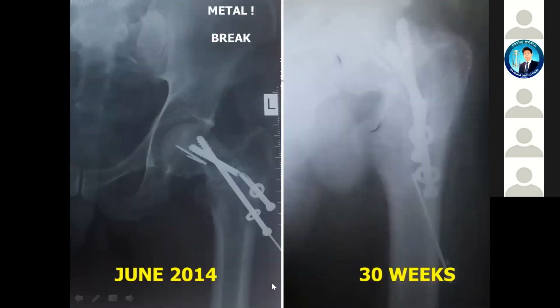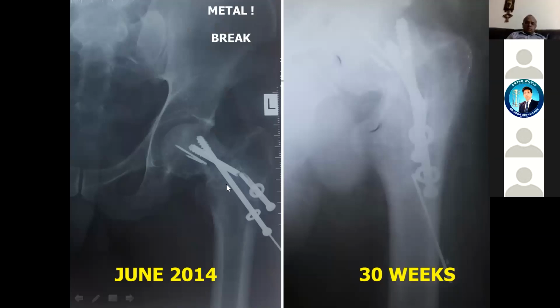So here again you find when metal breaks, management becomes difficult because removal of the metal is essential to preserve his hip. And don't answer THR in a young adult patient. I'm just advising my postgraduate residents that most of them are now well versed with THR being taken up in various hospitals, particularly corporate sectors.